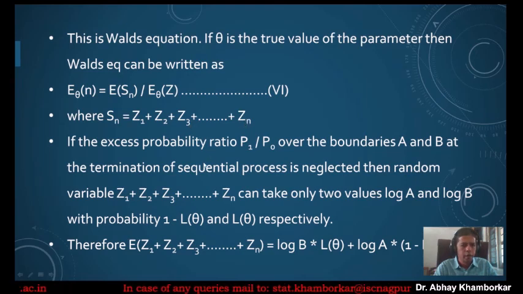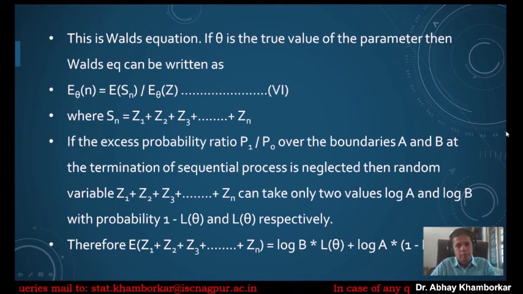Now if we assume that the excess of the probability ratio, that is p1 upon p0, over the boundaries a and b at the termination of the sequential process is neglected, termination of the process means either we are going to accept the hypothesis or reject the hypothesis.